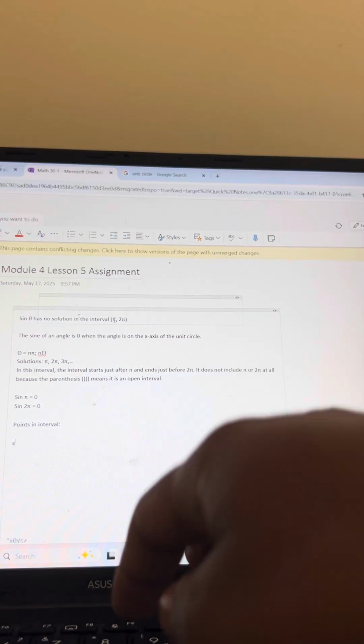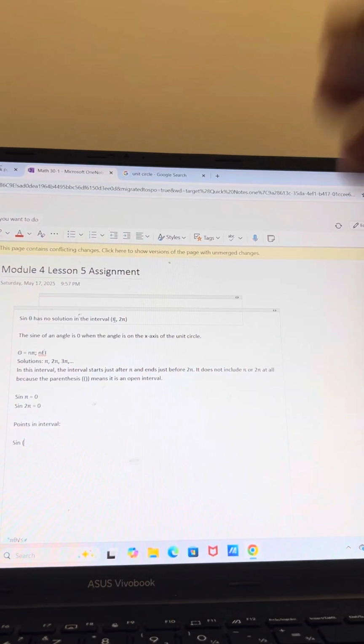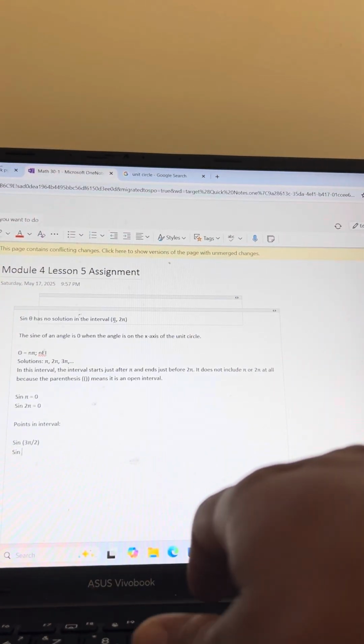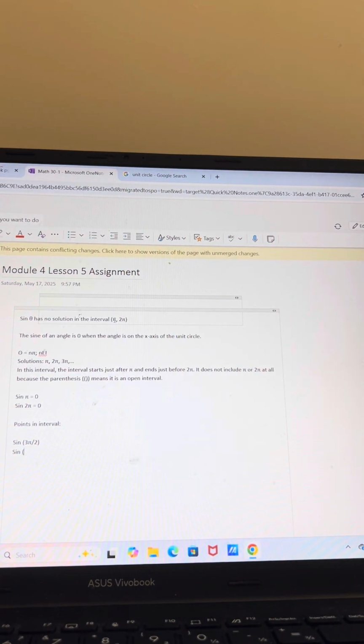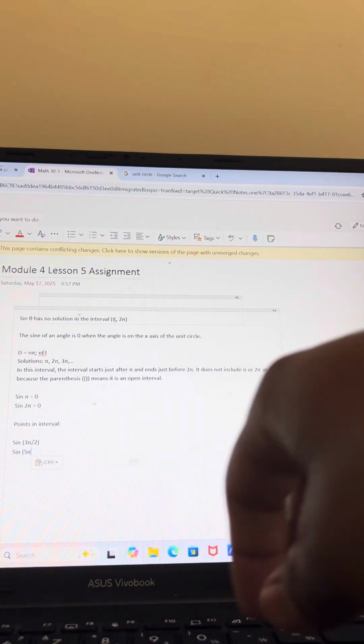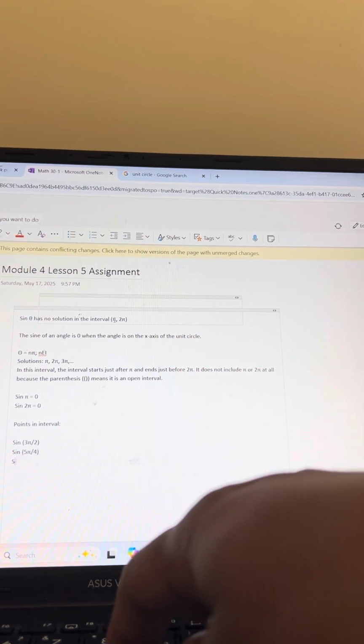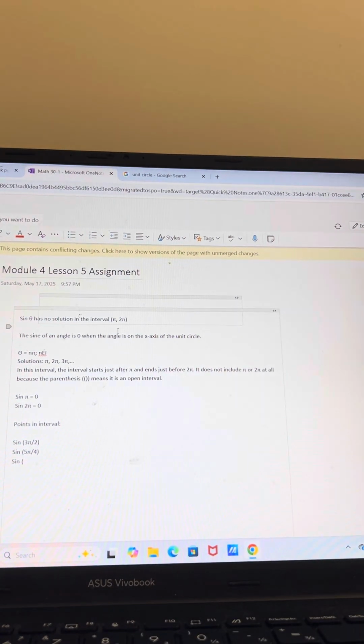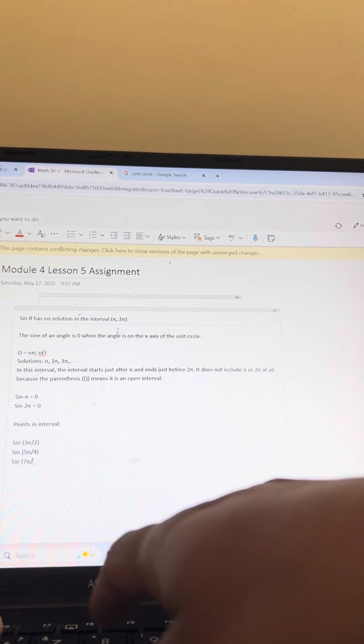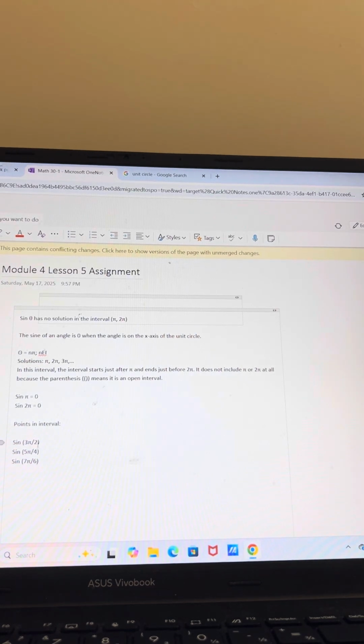I want to choose sine of 3 pi over 2, sine of 5 pi over 4, and sine of 7 pi over 6.